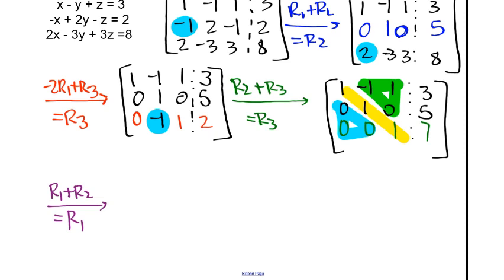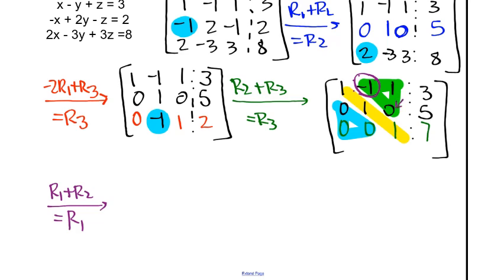So the first thing we want to do in order to get 0s in that top spot is we want to get this to be a 0. That guy there to be a 0. Because we already have a 0 right here.